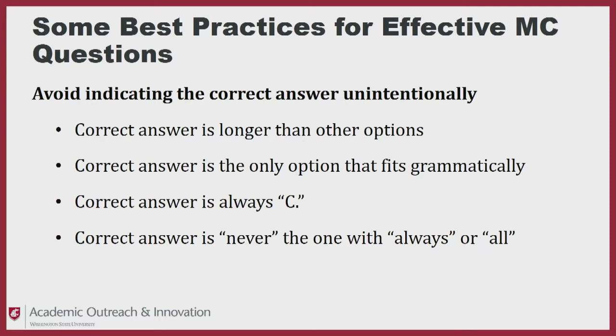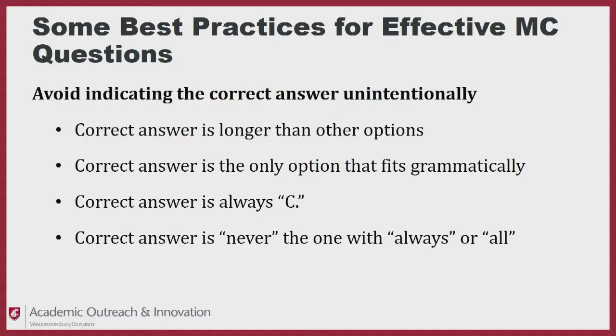Again, using my Sesame Street. It sounds funny, but naturally, human nature is to drop those things in the middle, drop the correct answer in the middle, and there are a lot of students who tell me, if I don't know, I'm going with C. It's, on average, it's always C. So again, if you're randomizing your answers, you're alphabetizing them, or you're using some way to make sure that you don't follow a pattern that your students can pick up on.